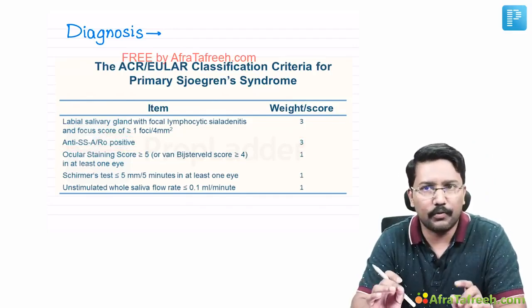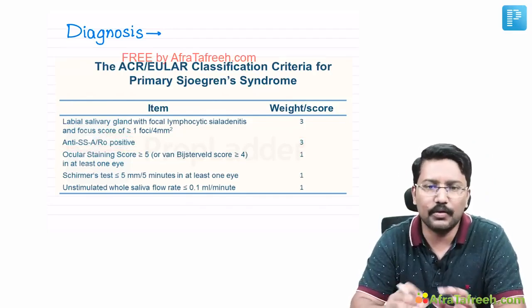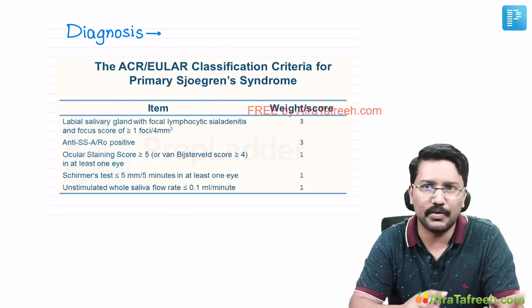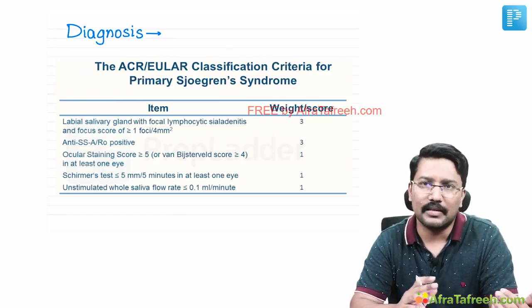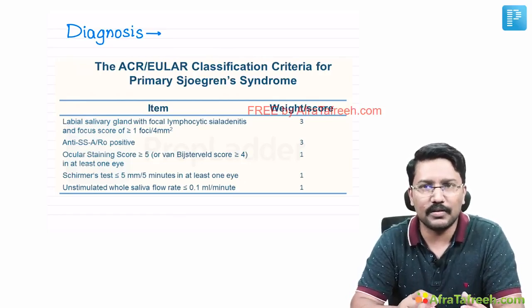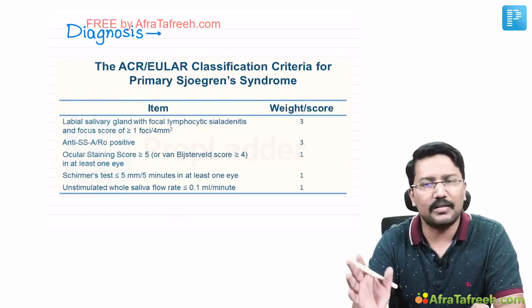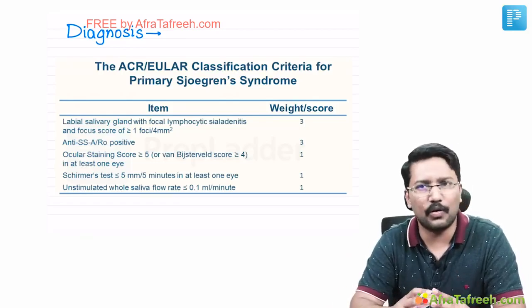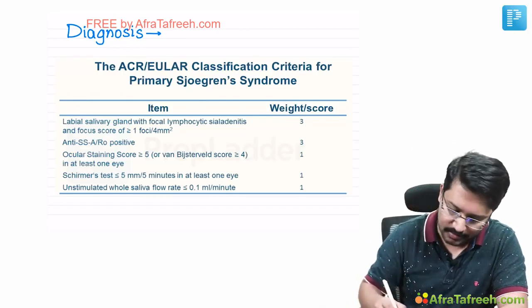Now, one particular point I want you to note, that this scoring system only talks about anti-SSA or anti-Ro. This is because I have already told you when we were discussing the other slides that anti-Ro is more common. The anti-La doesn't occur in the absence of anti-Ro, right? That is why they only talk about anti-Ro in the classification criteria.